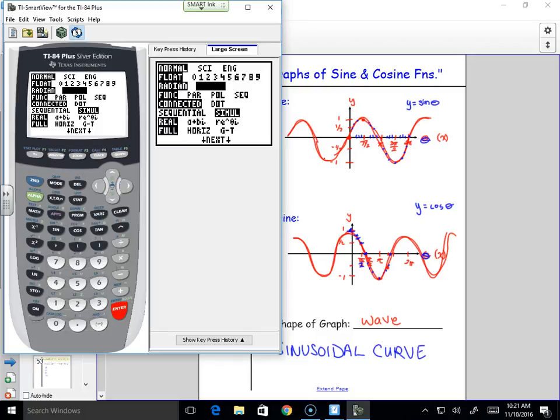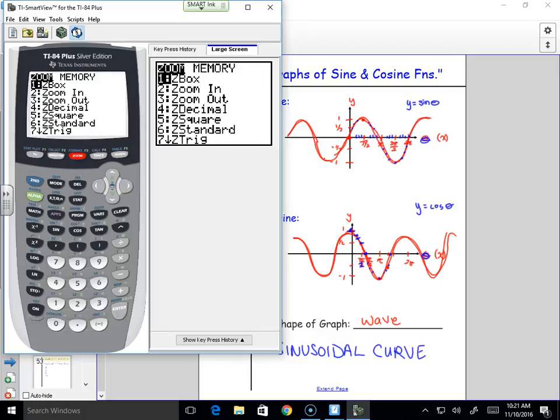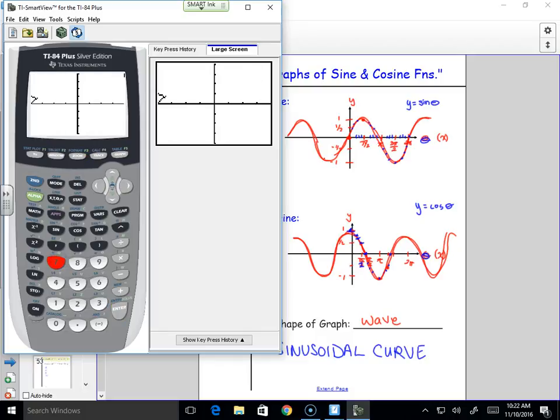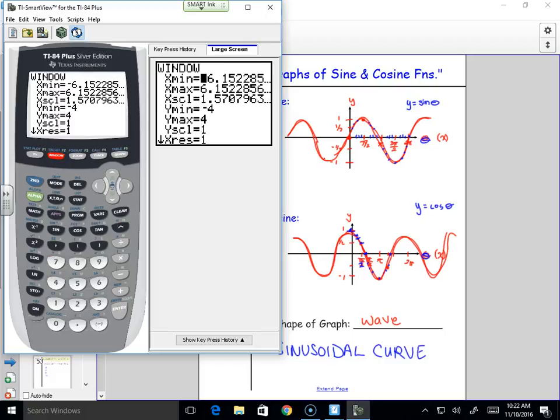Why not? Let's see. Let's hit Zoom Trig again once we put it in degrees. Wow. It does it for you, but wait, look at your window. What did it change? Oh. It probably should have gone a little bit more, but for some reason they made the preset to be negative 6.15 instead of negative 6.28.